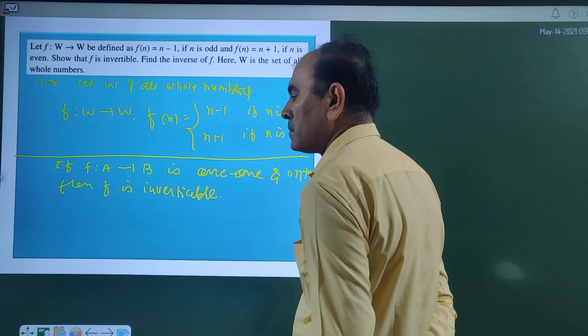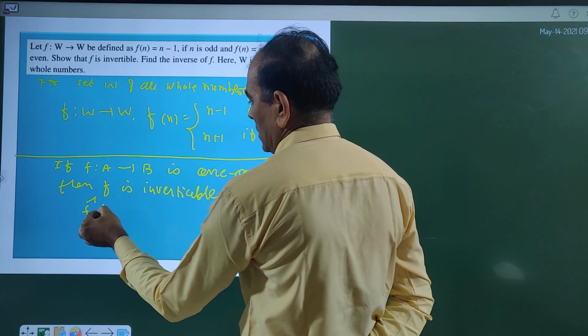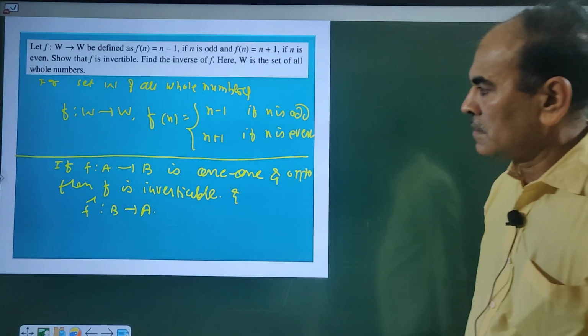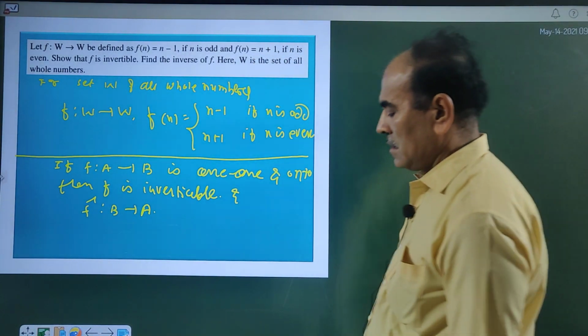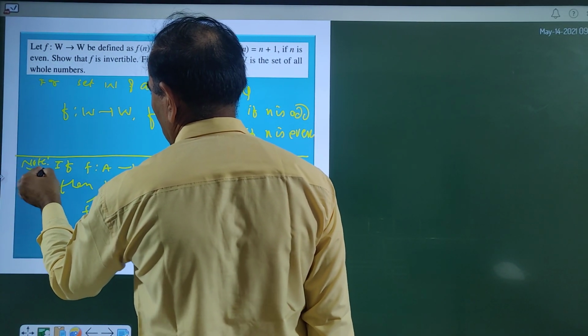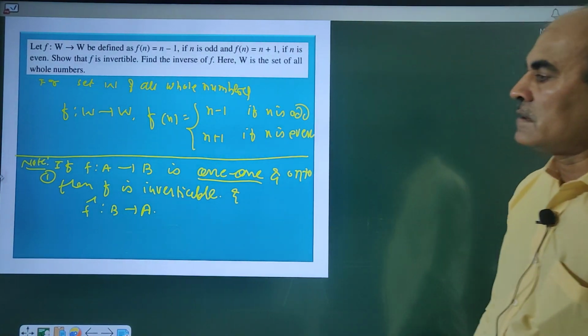That we know. And f inverse is a function from B to A. Put this as a note, first note.